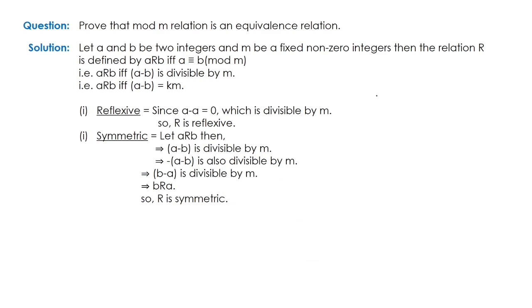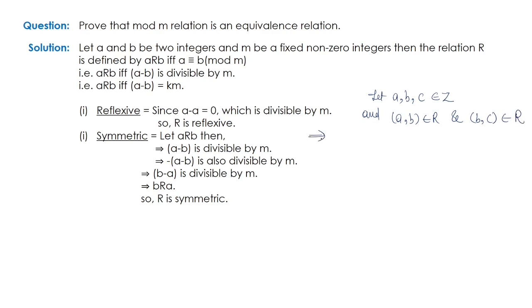Now for transitivity, we consider three elements from the set and construct the relation: A comma B belongs to the relation and B comma C belongs to the relation.